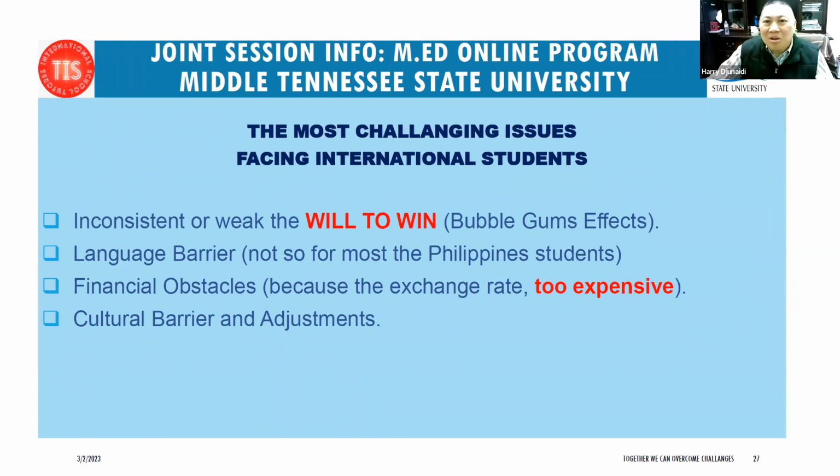That's what we cannot find. Did you see that? Most of the students, most of my friends when I went to school, are not serious. The will to win is so weak.